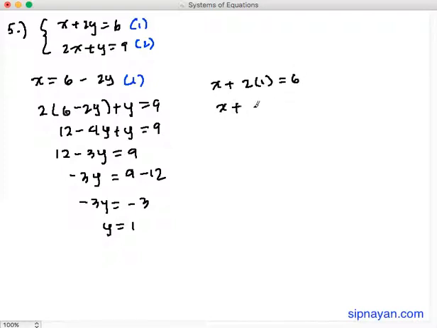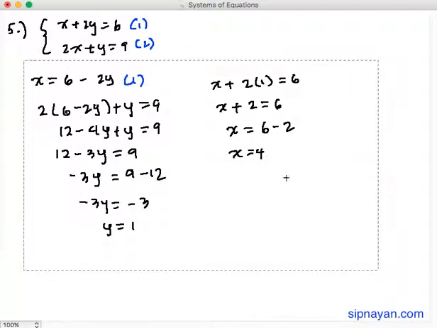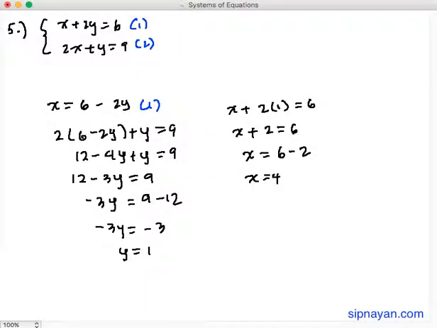So x plus 2 equals 6, x equals 6 minus 2, and x equals 4. So dito sa 5th example in the series, we have x equals 4 and y equals 1 as solutions.